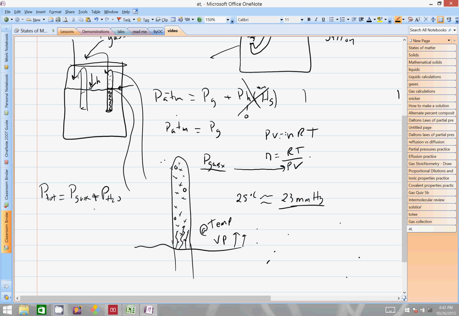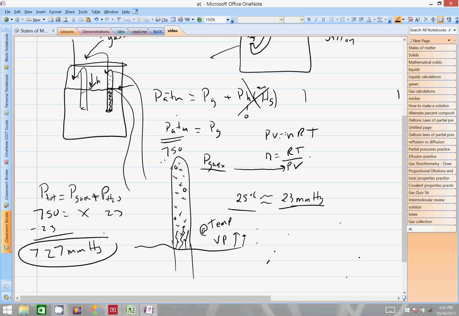Let's just say atmospheric pressure for that day was 750, hypothetically, and at 25 degrees Celsius, hypothetically, it's close, 23. I want to find the pressure of just my gas. I would subtract the 23 off, and it would be 727 millimeters of Hg.